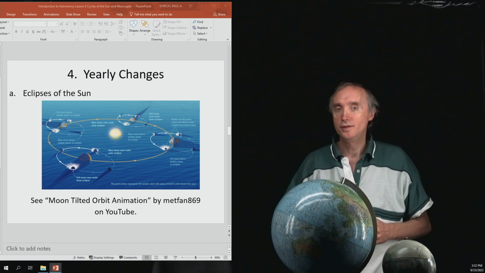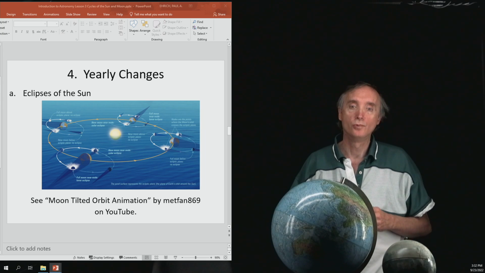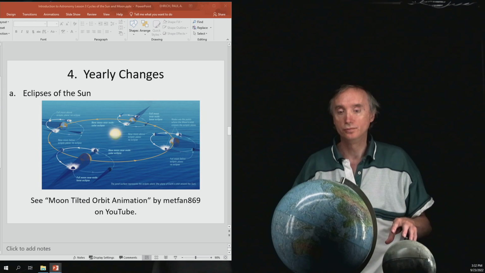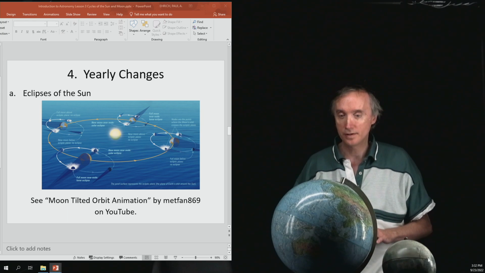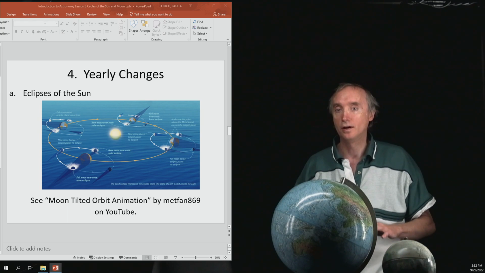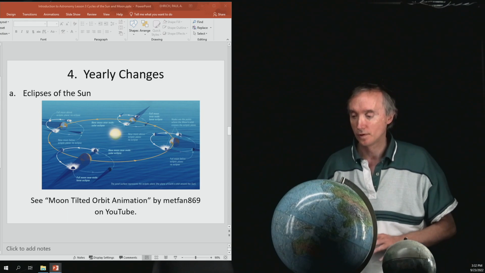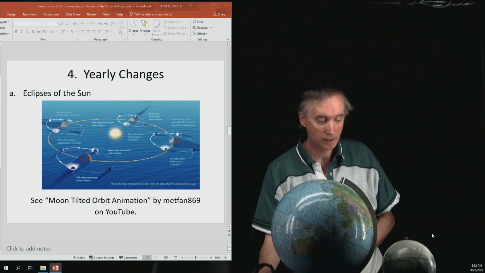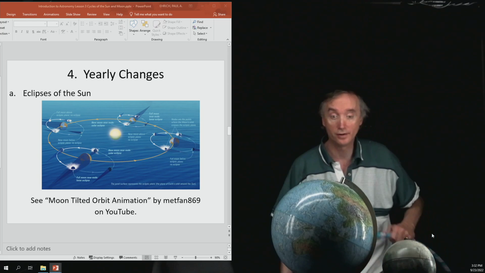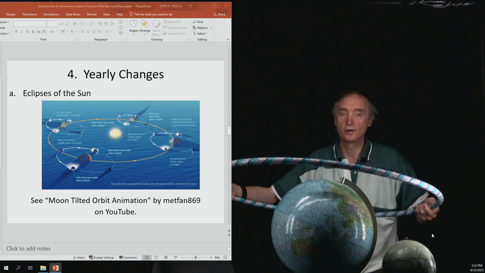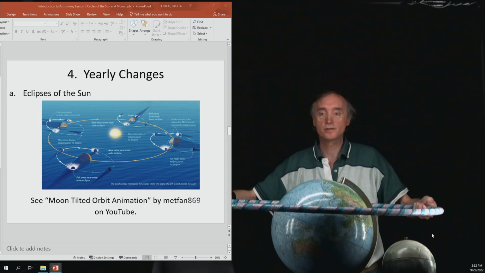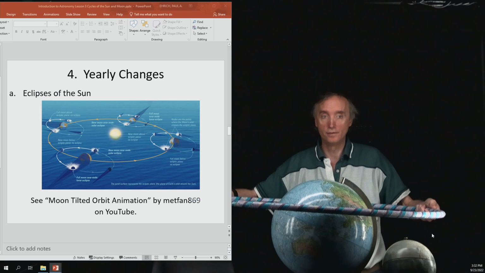Okay, so what did they say in the video was causing the shadow of the moon to miss the earth, so that eclipses normally don't happen that often? They said it had to do with the tilt of the orbit of the moon. If I get out my handy dandy orbital simulator here, you've got the earth in the middle, and then this would represent the orbit of the moon as it goes around the earth.